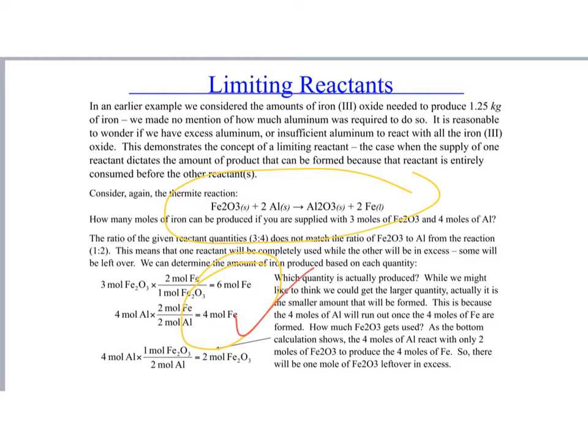Then we can also go back and say, okay, if we did use those 4 moles of Fe in the reaction, how many moles of Fe2O3 were used? And there are only 2 moles, right? And we started out with 3. So again, we would have a leftover, or we would have excess of 1 mole.